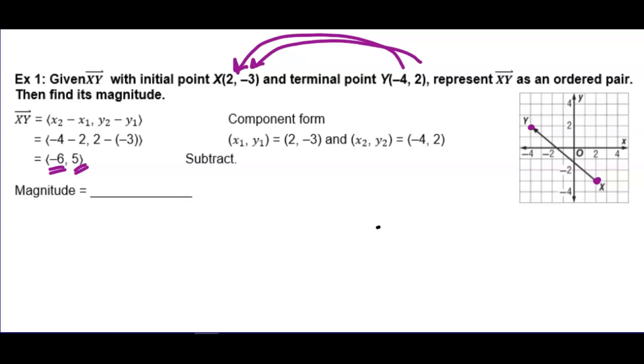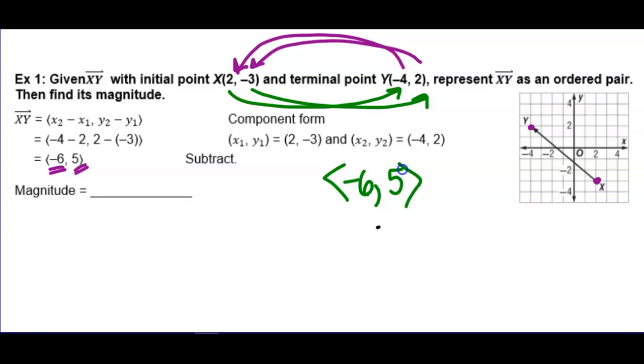I usually just look at it and say, well, it went from 2 down to -4, so therefore it went to the left 6, and it went from -3 up to 2, so it went up 5. Same difference. I just, instead of working backwards and subtracting, think about where it's going in which direction. Either way, if you're going to subtract, you have to do the second one first.